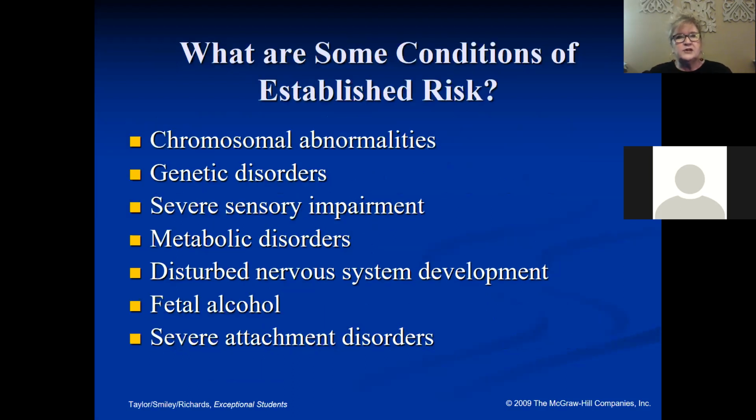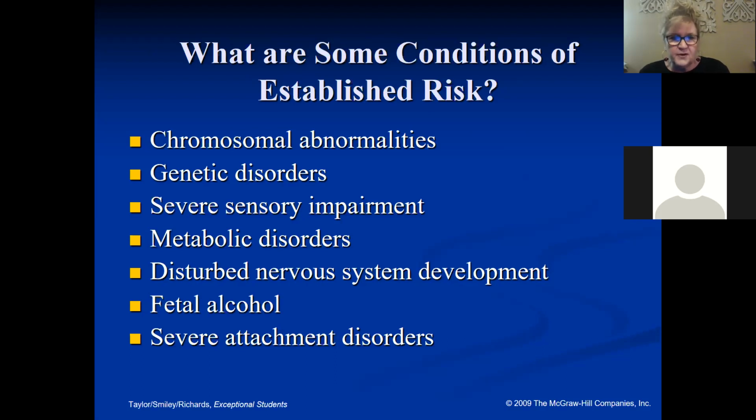So what are some of the conditions of established risk? Well, here's a list. Chromosomal abnormalities, and we've talked some about those in the last few weeks. Things that occur before birth, certainly in the earliest stages of fetal development, is when chromosomal abnormalities occur.